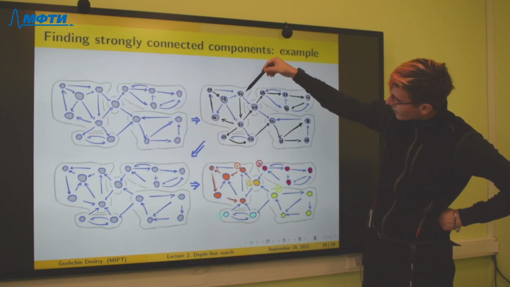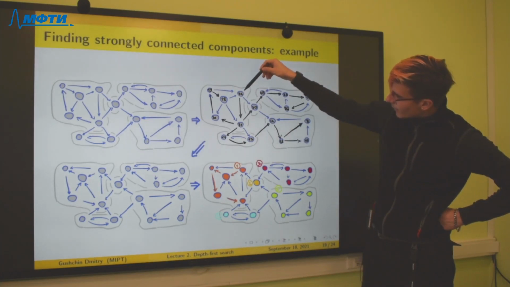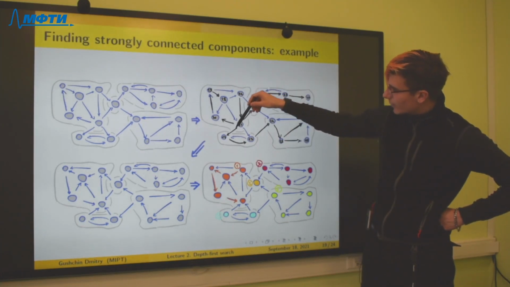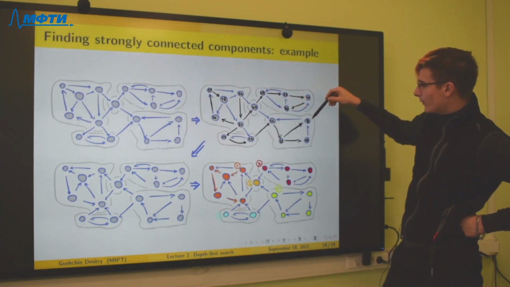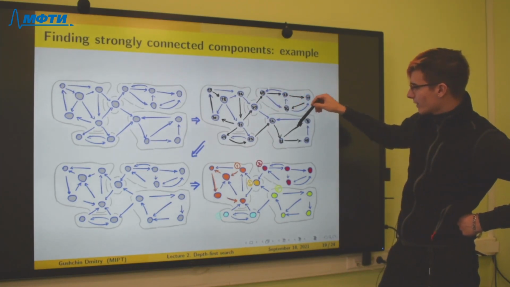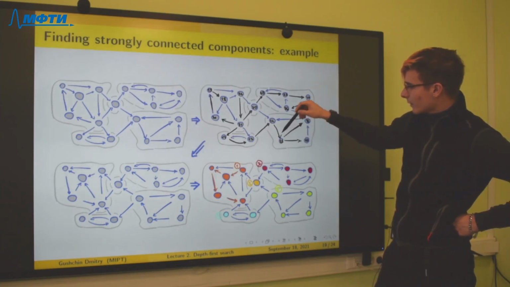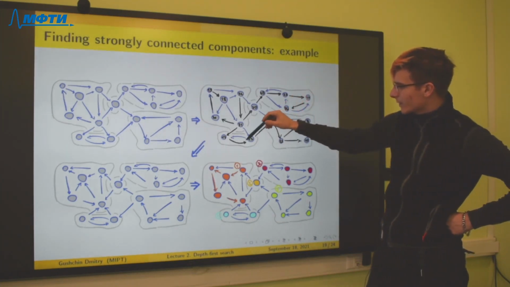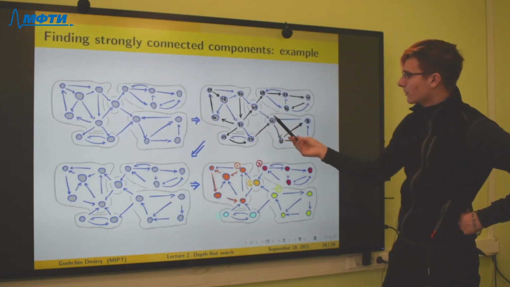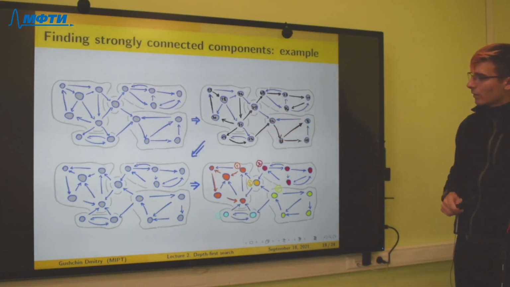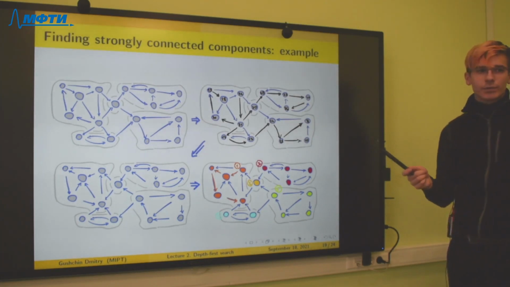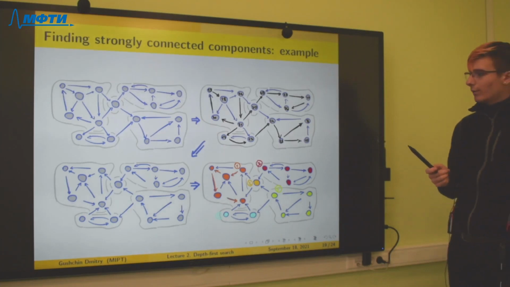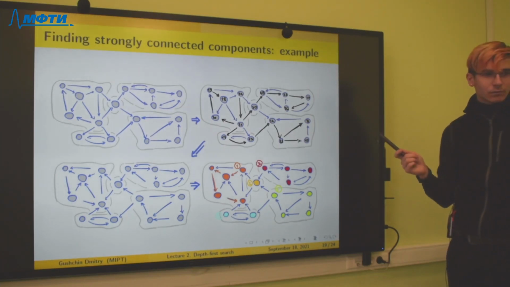If we start DFS from this vertex, then we go to this vertex, then we finish with it, finish with it, finish with it, and the numbers on these vertices are equal to the finish time of our DFS.